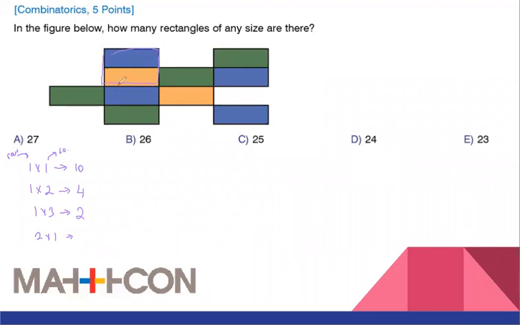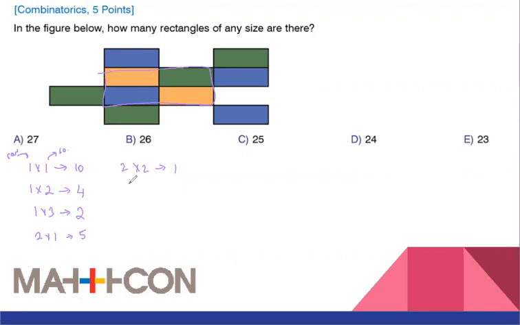So this is one, this is two, three, four, five, and I don't see any other. So that looks like five. Now let's try two by two rectangles. We have only this one, and nothing else.